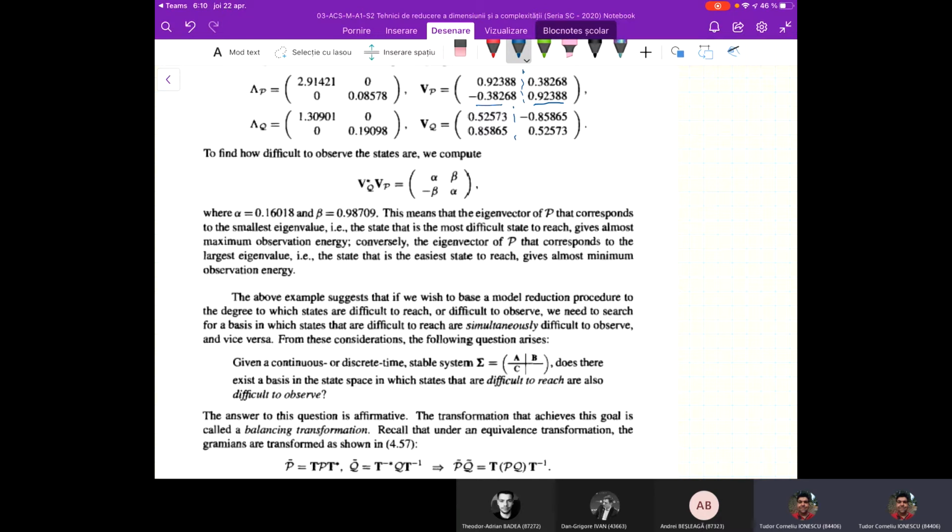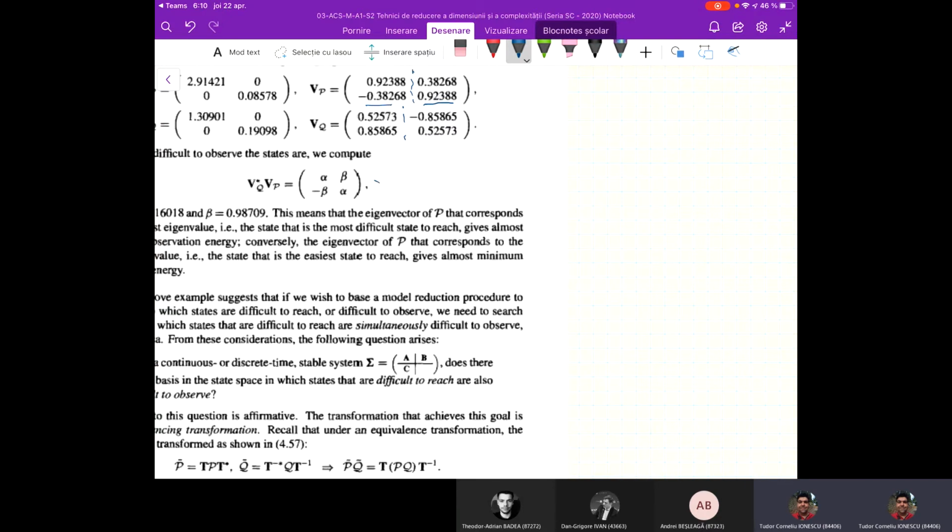Note that the eigenvalues of this product, lambda 1 and 2, are alpha plus minus j beta.